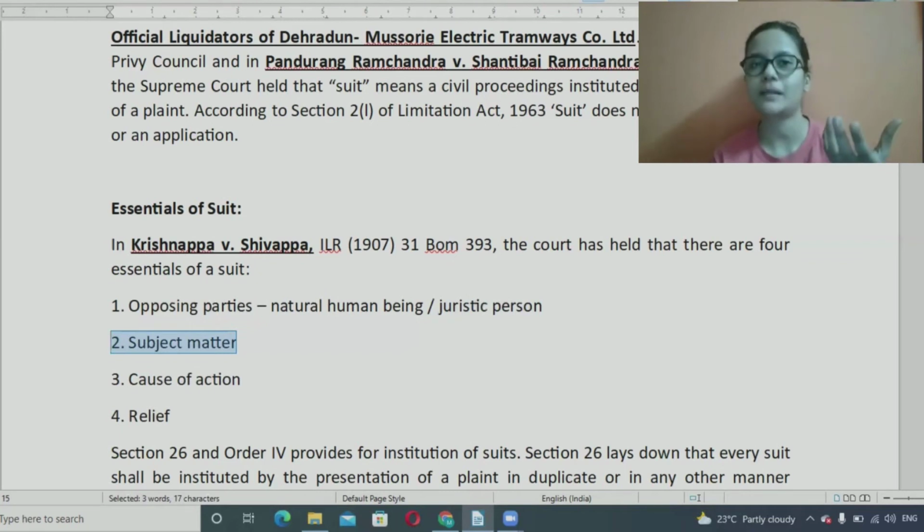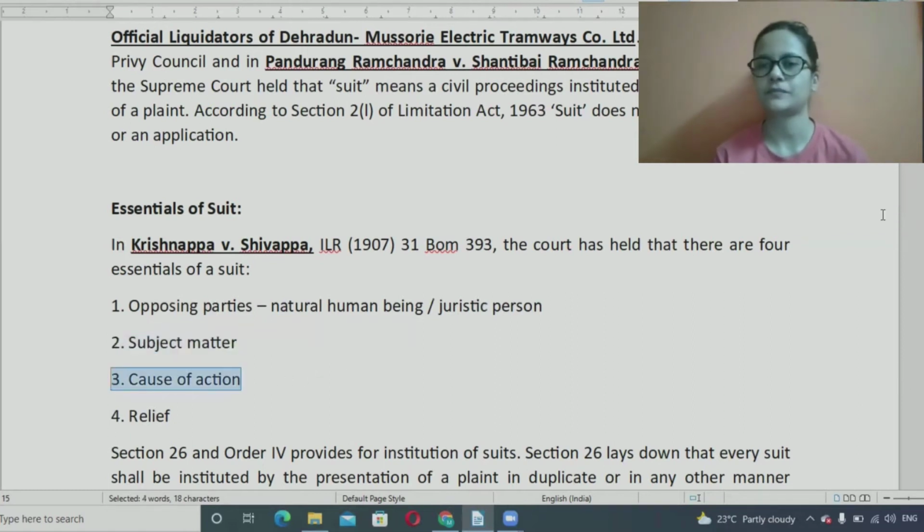That means the subject matter is breach of contract. There might be another case wherein someone borrowed money from you and is not returning it. It would be recovery of money. So there will be different subject matters under which the suit would fall. That is the second element which we need.